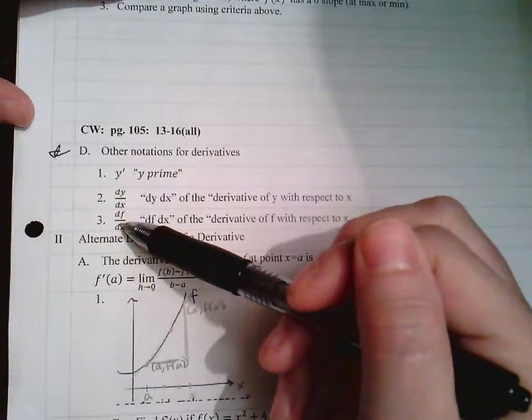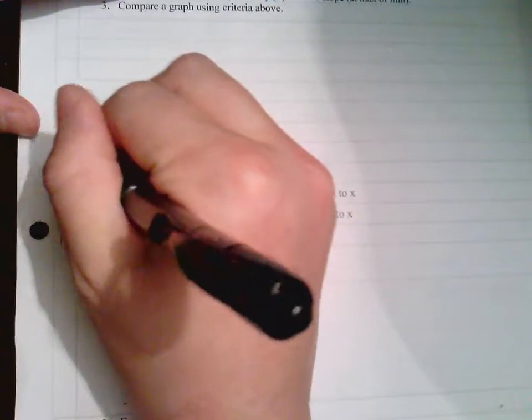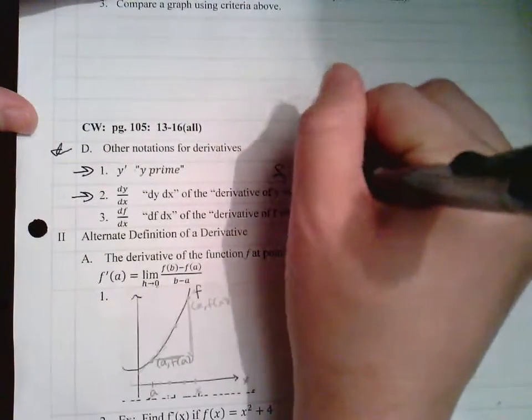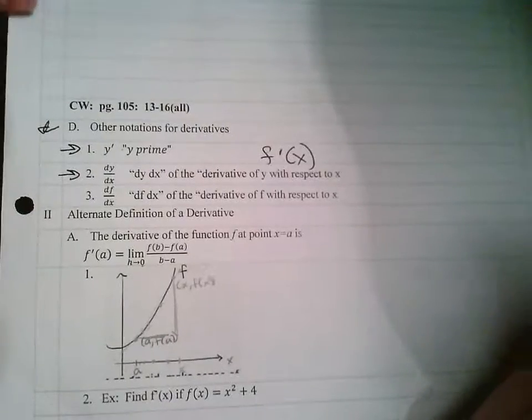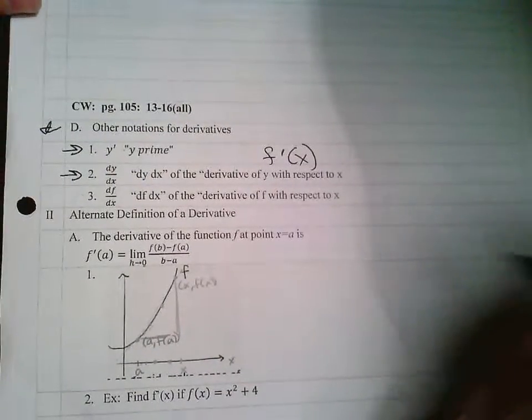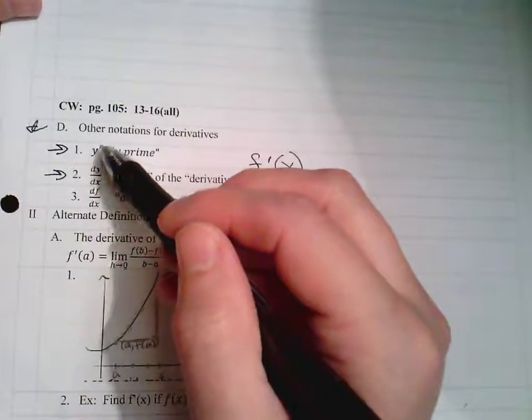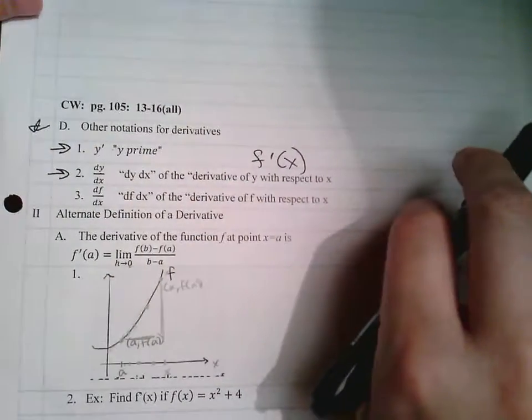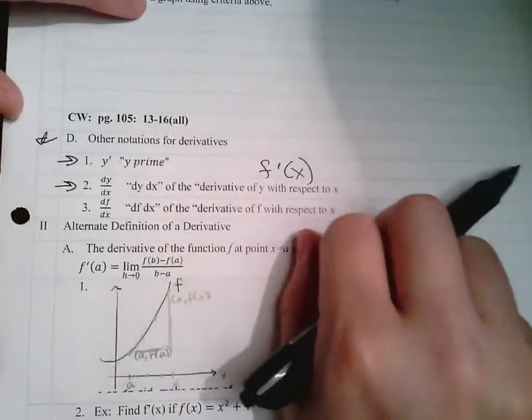It's going to be this one or that one, and of course the one that we've been seeing, f prime of x. You're going to see this one and that one. This one rarely, but it's good to know that it just means, hey, find the derivative. Okay, great.